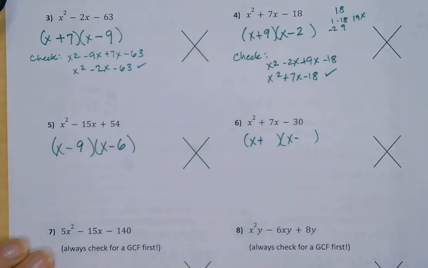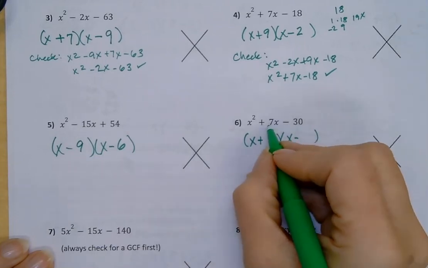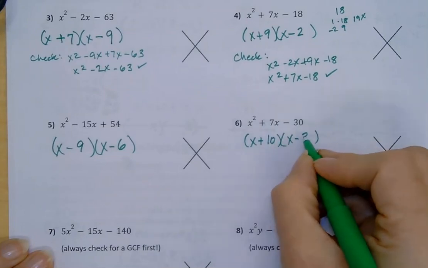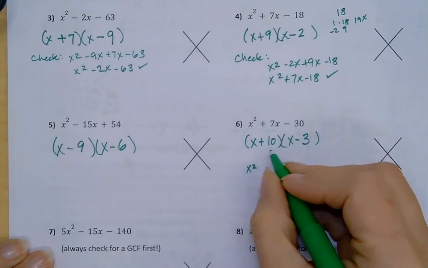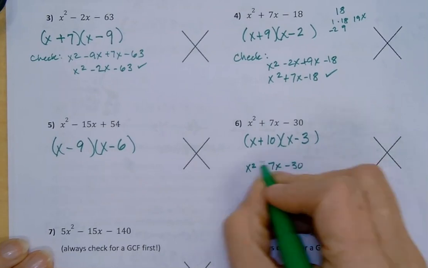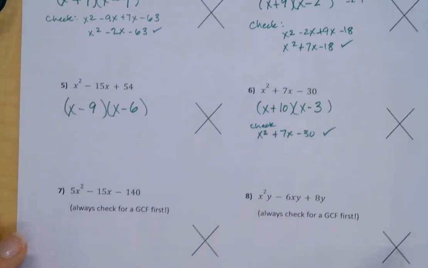And let's see, 6 times 5 is 30, but you add those together and you get 11. 10 times 3, that's what I want. 10 times 3 gives me 30. I want to have positive 7 in the middle. So I'm going to have my bigger number be positive. Okay, if I check, it's x squared minus 3x plus 10x is plus 7x minus 30. This is my check. And I got the right trinomial, so I'm happy.